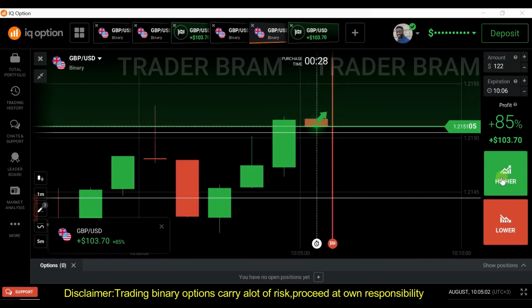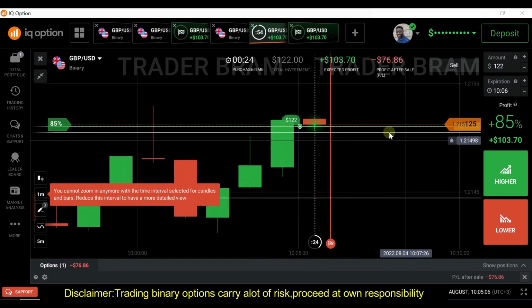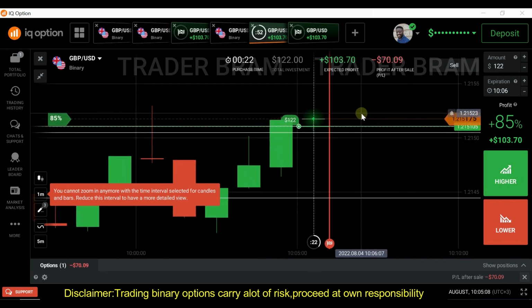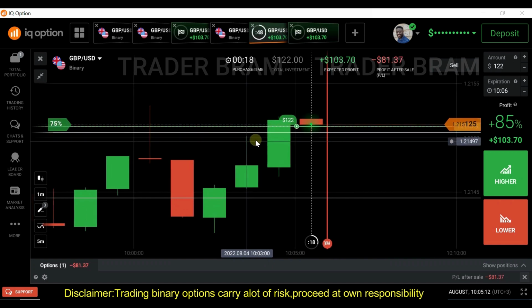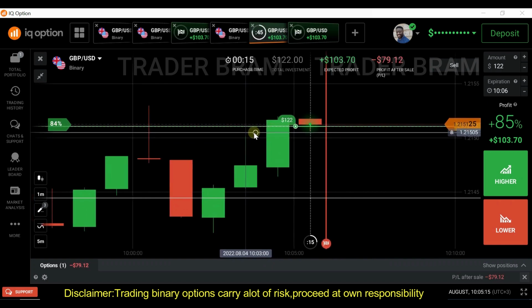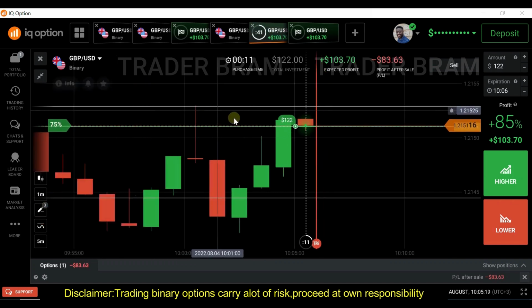So I need an entry point on the level. That's good. So this wick is our target area.